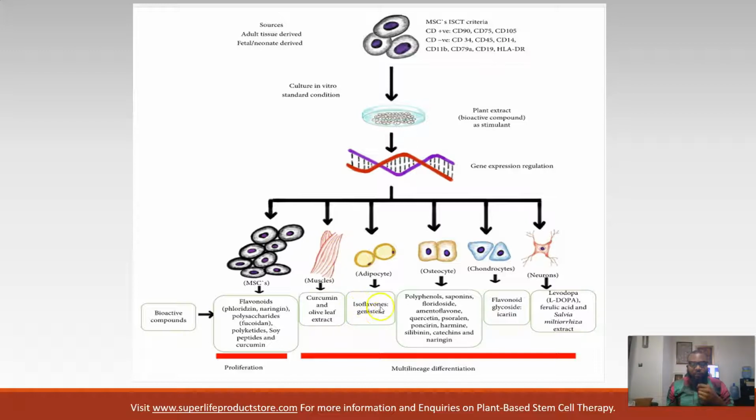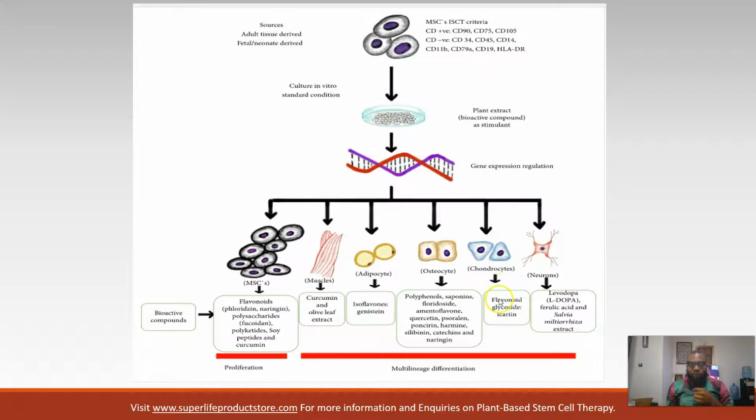When mixed with isoflavones and genistein, scientists were able to isolate adipocytes. These are the fat cells in the adipose tissue. So when mixed with polyphenols, saponins, and the rest, scientists were able to isolate osteocytes. These are the cells in charge of bone formation.